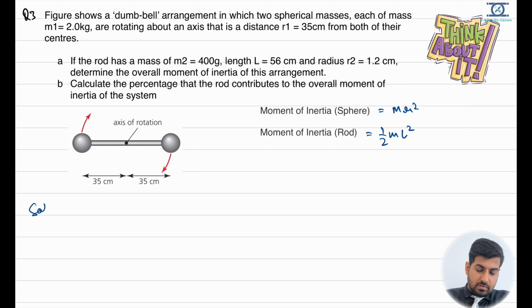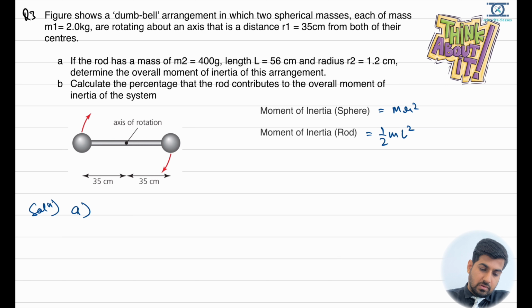Now the A part is nothing but we have to find the overall moment of inertia of the given arrangement. If this is the axis of rotation, there are two identical spheres.